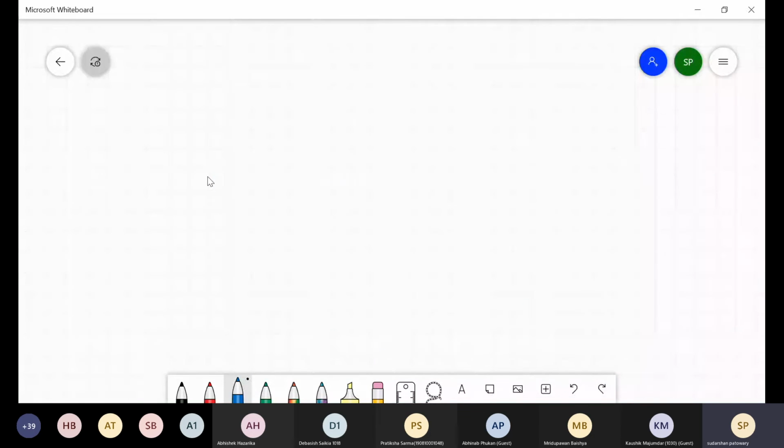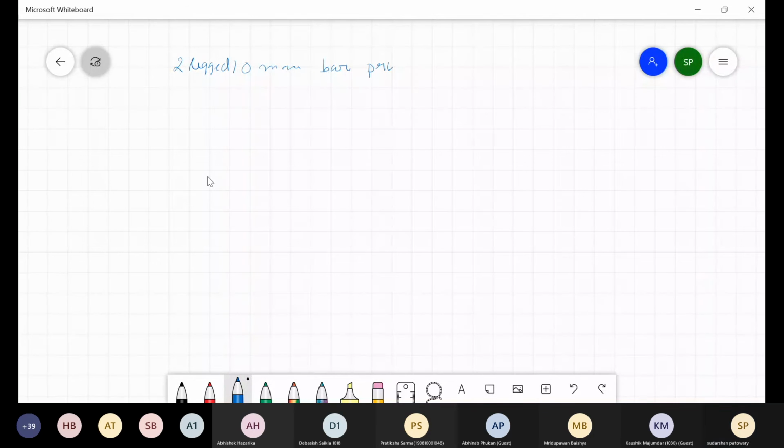So for designing, what we have to first calculate? In the design of a beam, we have to assume the diameter of the bar. Suppose I am providing 10 mm bar, two-legged, as stirrups.